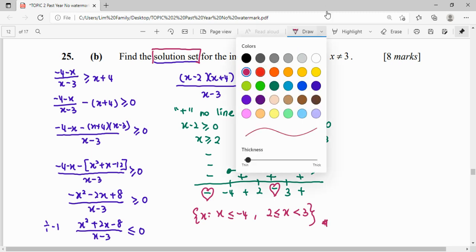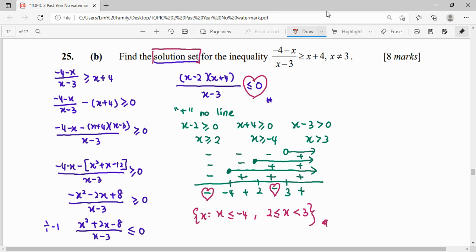So what is the important concept here you must know? Firstly, when you're solving rational inequalities, you must move everything to the left hand side. Cannot do cross multiply. Then we have to get the same denominator. So this is our concept, how we get the same denominator and simplify our answer into the simplest form.